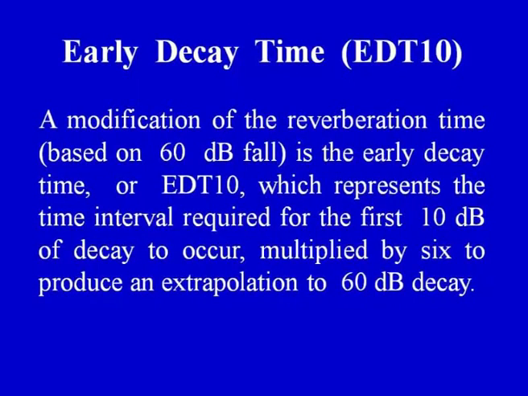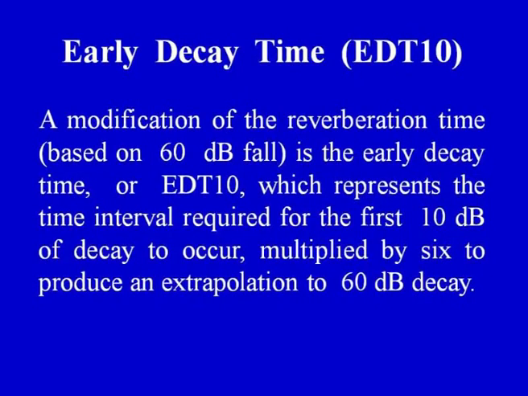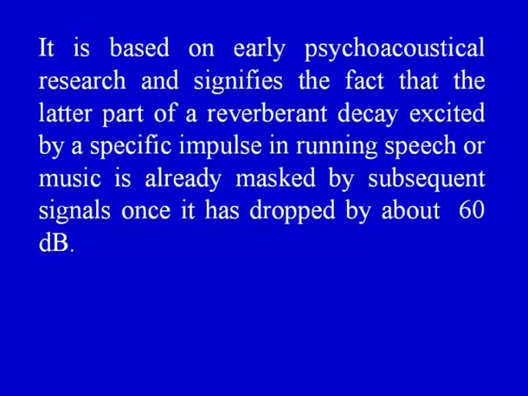Early decay time. A modification of the reverberation time based on Sabine's definition of 60 decibel fall is the early decay time EDT, which represents the time interval required for the first 10 decibels of decay to occur, first 10 out of the 60, multiplied by 6 to produce an extrapolation to 60 decibel decay.